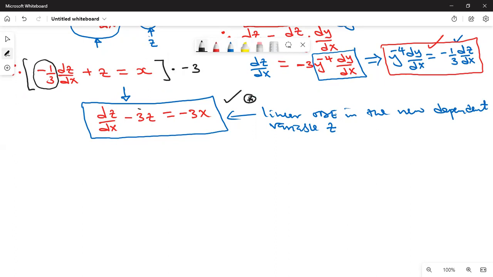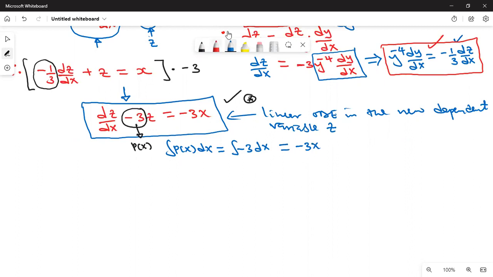So look at the coefficient of z. This is what we are calling p of x. I need to integrate it. So you write the integral of p of x dx, that is equal to the integral of negative 3 dx, which is simply equal to negative 3x.